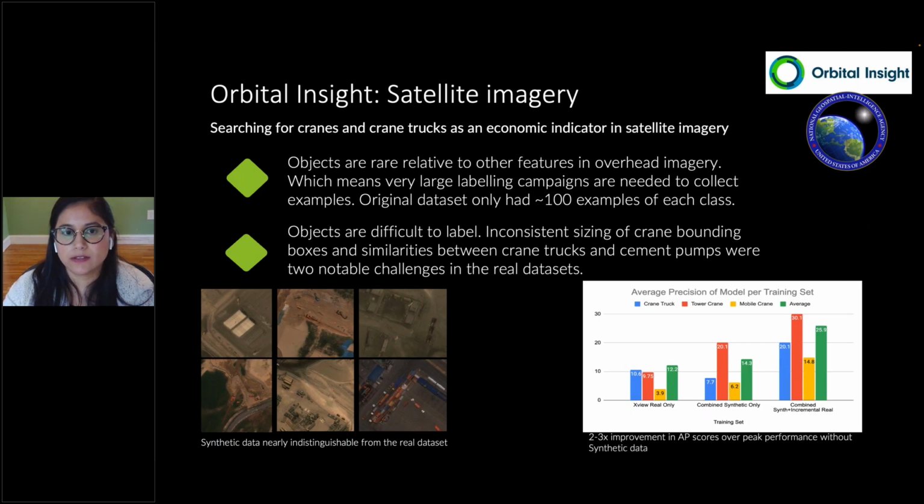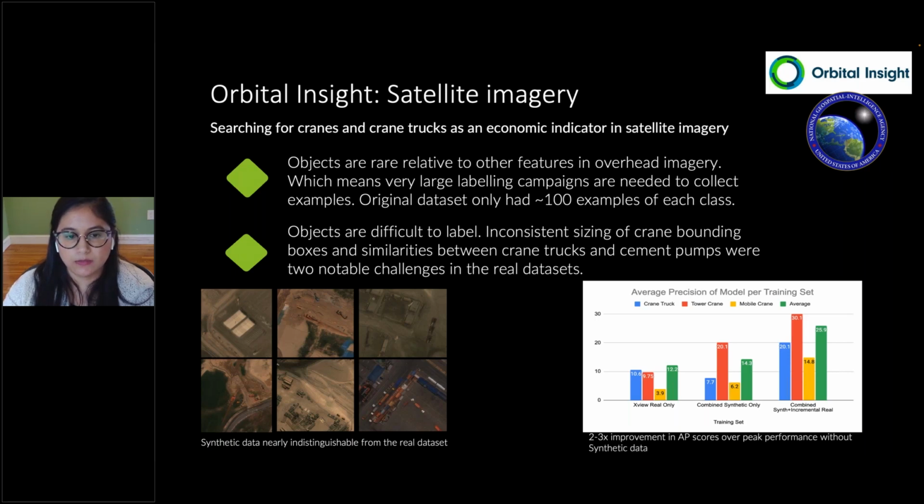So these two objects, cranes and crane trucks, were rare relative to other features in overhead imagery. So it meant that they would have to run really large labeling campaigns to collect those examples, which was really not possible. And what they had was an original data set with just 100 examples of each of these classes.